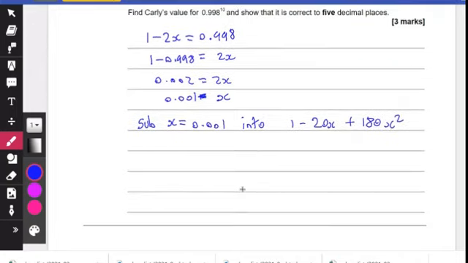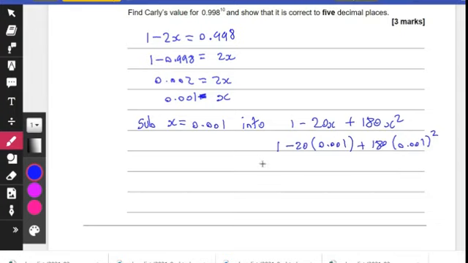When you substitute it in, that's going to give us the approximation. I do not have a calculator, so if somebody could be so kind as to work out the full thing, please.